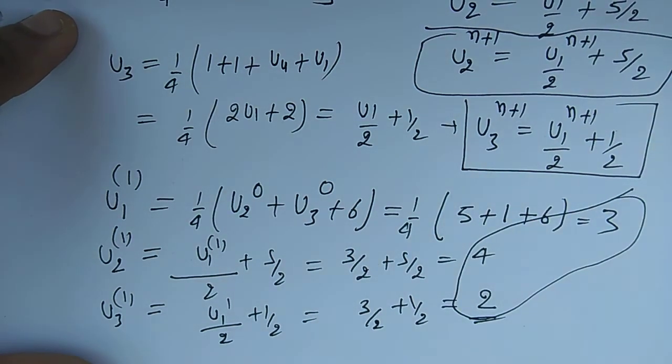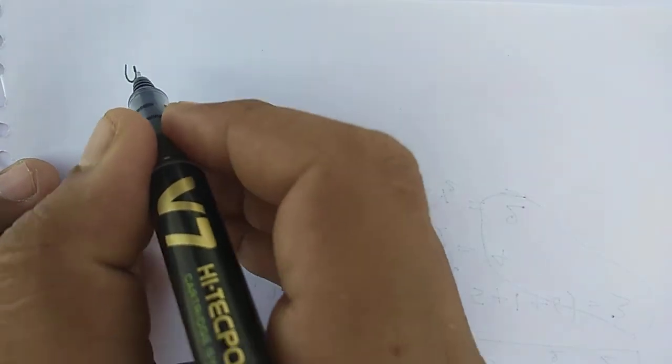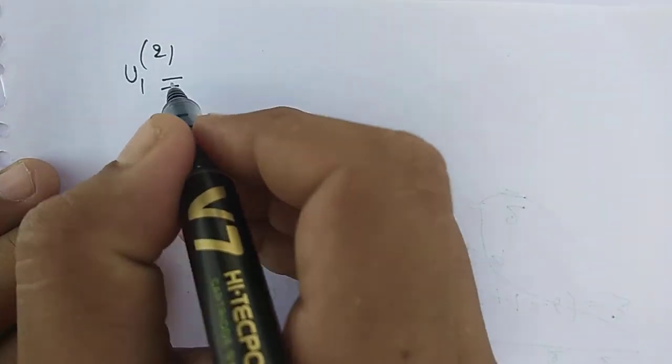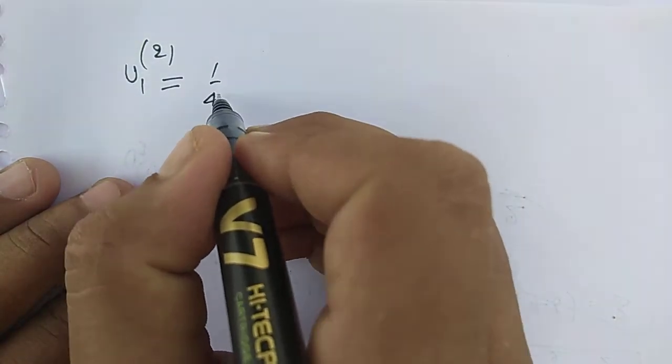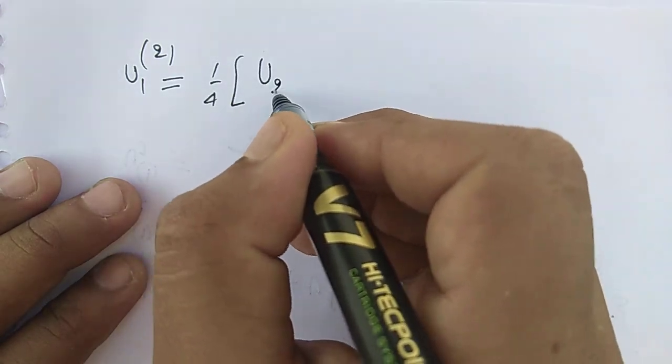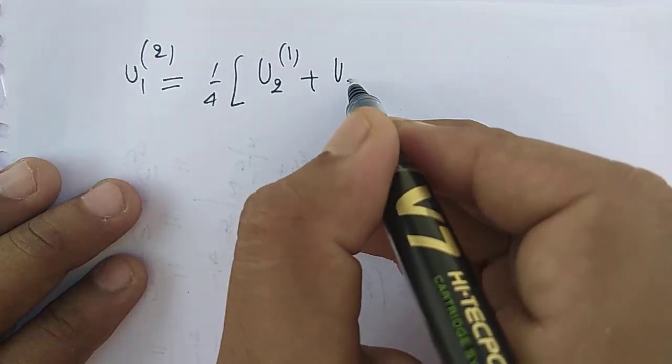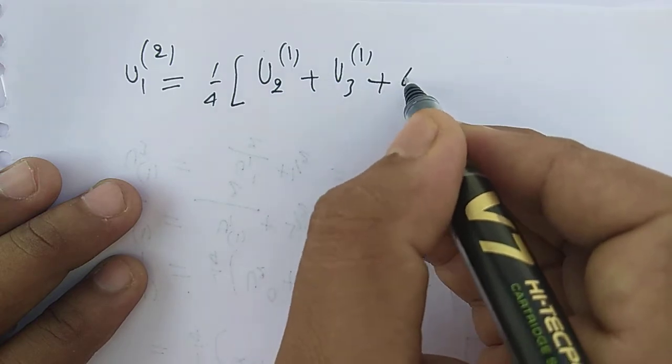So this is the value for the first iteration. Similarly, we can find out the value of the second iteration. If you find the value of the second iteration, that will be u12 equal to 1 by 4 of u21 plus u31 plus 6.